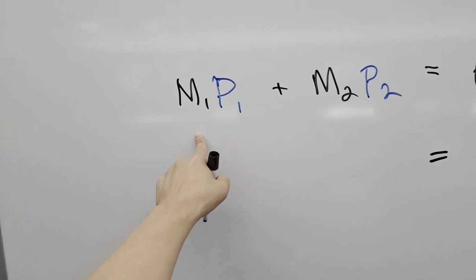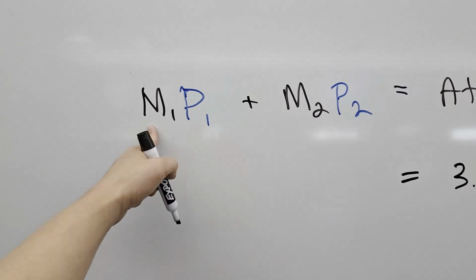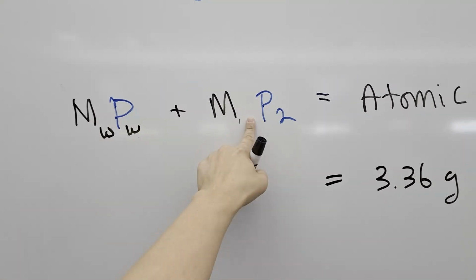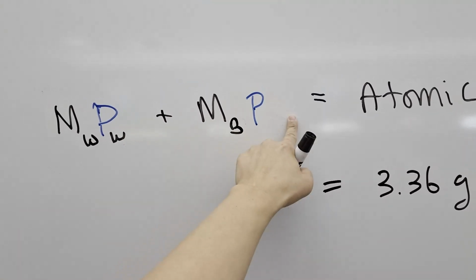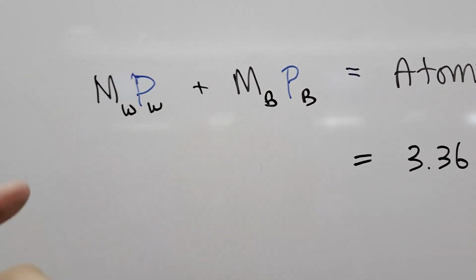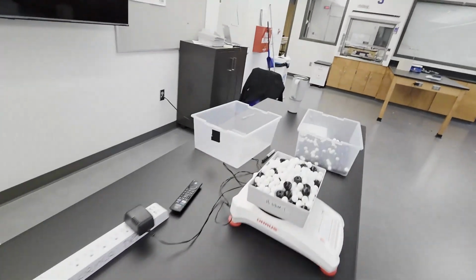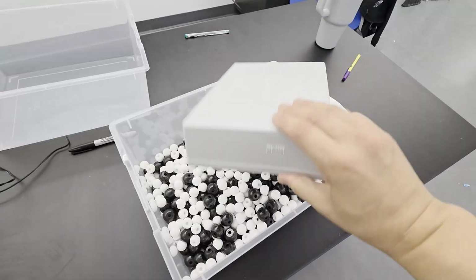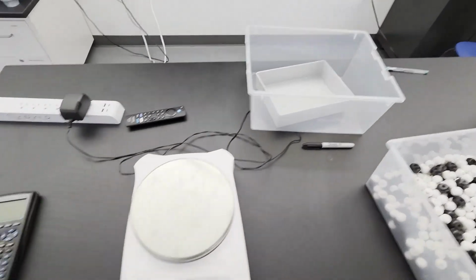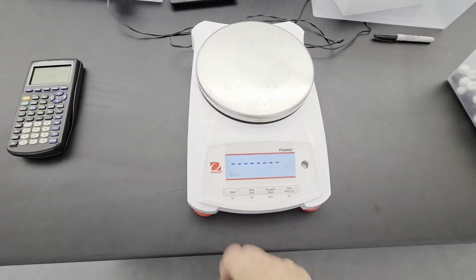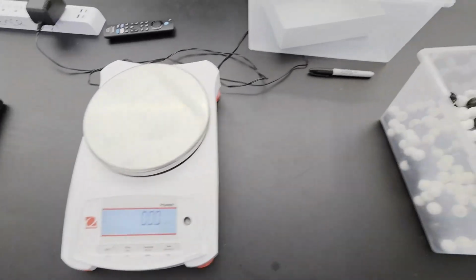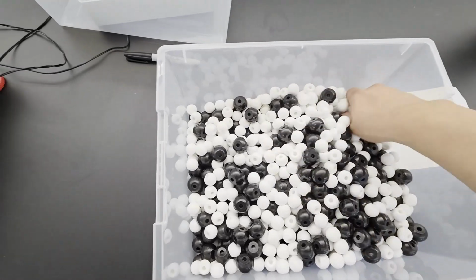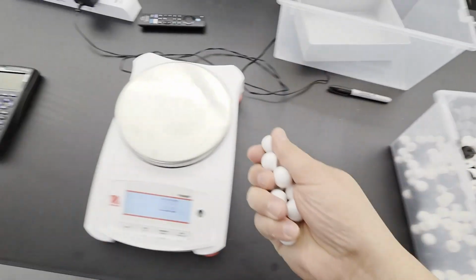Let me get the mass of the first isotope. We'll just call this white. And we'll call this black. Now these are probably all identical, but I don't want to take a chance, especially because I can put a bunch on here.